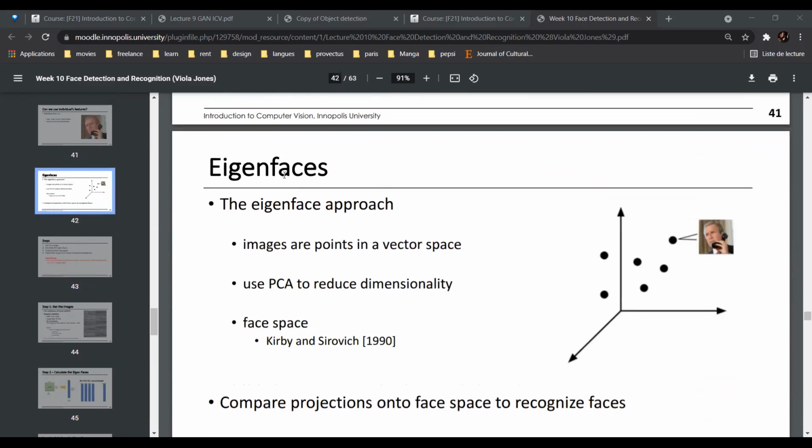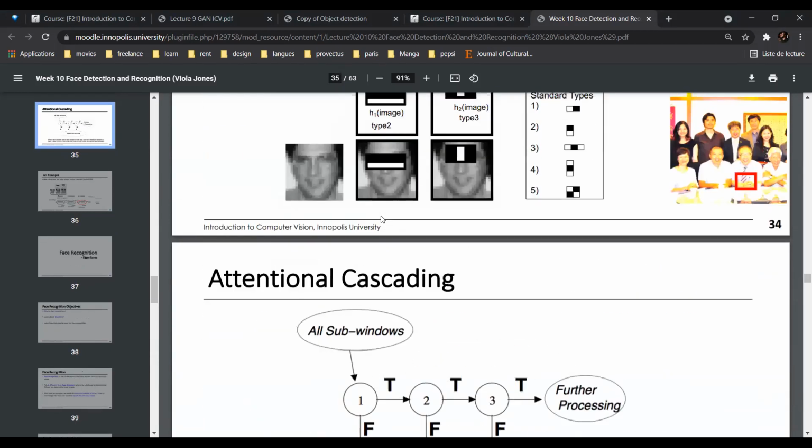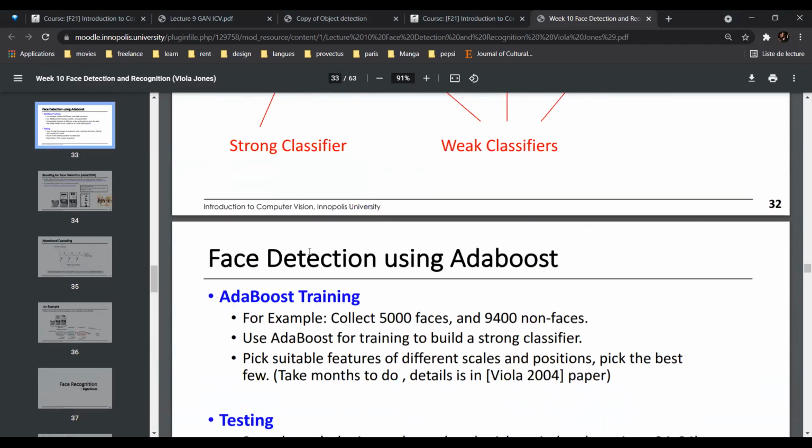This technique has been used for detecting faces, chairs, animals and so on. So it's not just for faces, it's for object detection in general, but it works best for faces.